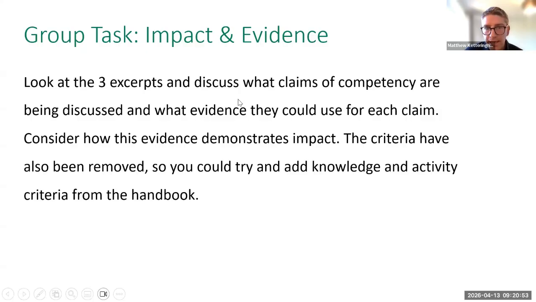Have a little look and discuss what claims of competency are being discussed and what evidence they could use for each claim. Also consider how this evidence is demonstrating impact. Think about what impact the evidence is showing. I've removed the criteria, so you could have a little play and see if you could add any of the criteria.